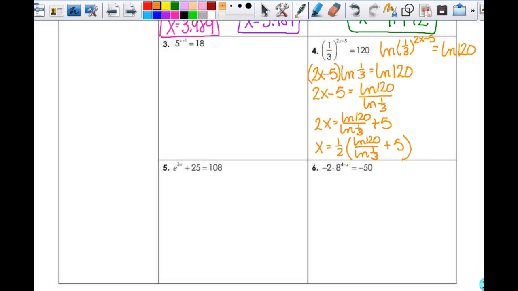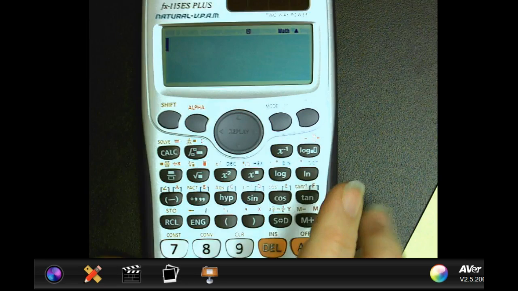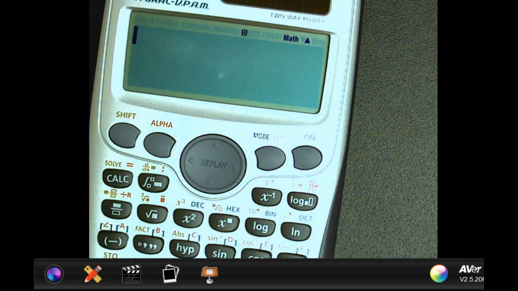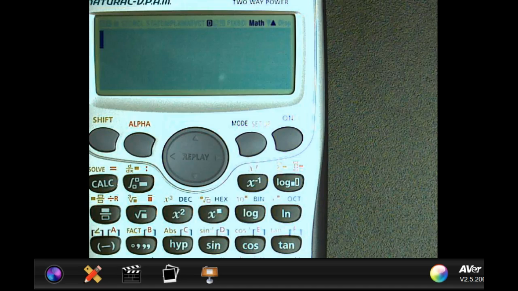And then let's go put all that in the calculator. That's going to be fun to put in. This would be a nightmare for calculators, but it's going to be kind of cool to put in. So watch this. Take that 1/2.